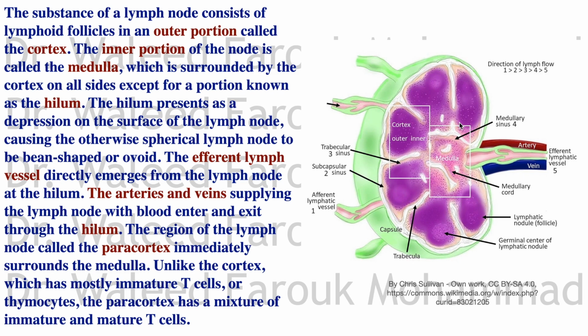Unlike the cortex, which has mostly immature T cells or thymocytes, the paracortex has a mixture of immature and mature T cells. So it's the cortex, paracortex, medulla, afferent vessels, and efferent vessel.